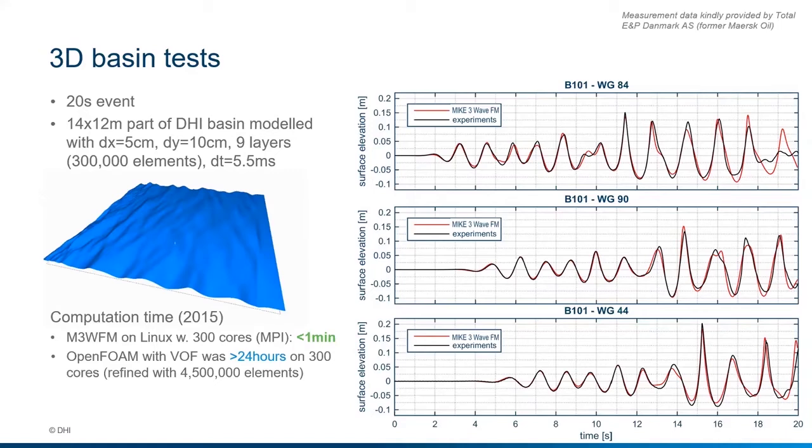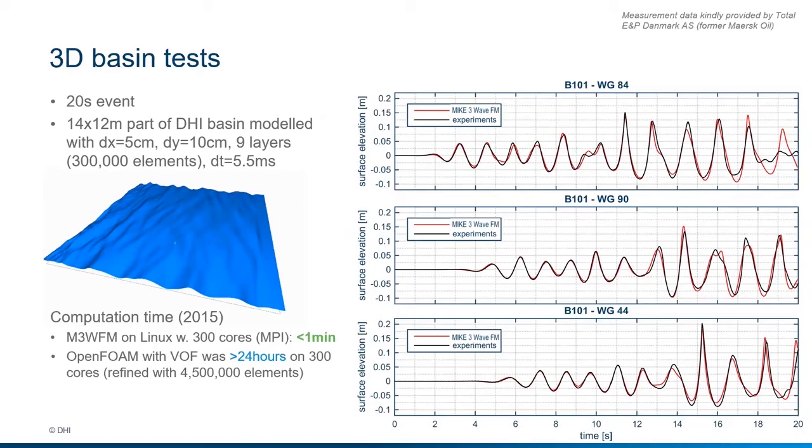That totaled in 300,000 elements, and it took less than 1 minute to compute this on a Linux machine with 300 cores, while OpenFOAM with waves2Foam took 24 hours on the same 300 cores.